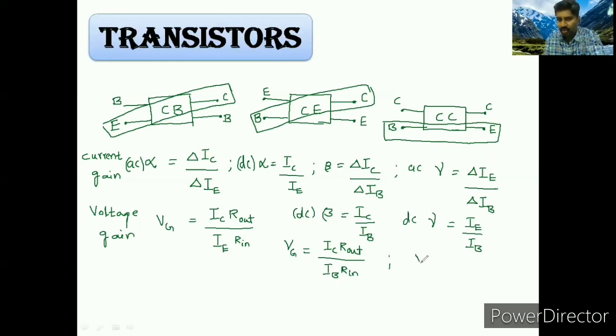Here also, voltage gain is IE R out by IB R in. See here, this is an output, that's why we are writing output. This is an input, so we wrote in. Here also output. Here B is an input, so input resistance is there. Here E is an output resistance, B is an input resistance.